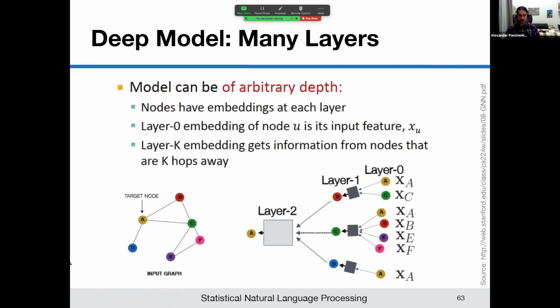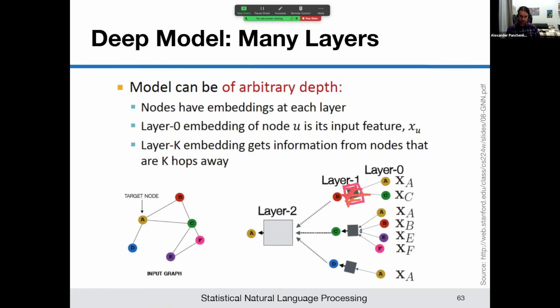And therefore, you're going to have some features of different nodes. And these features are going to be combined by some neural networks, or let's say a fully connected layer, or some other aggregation function.